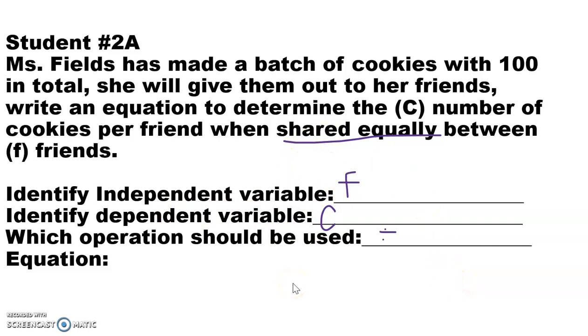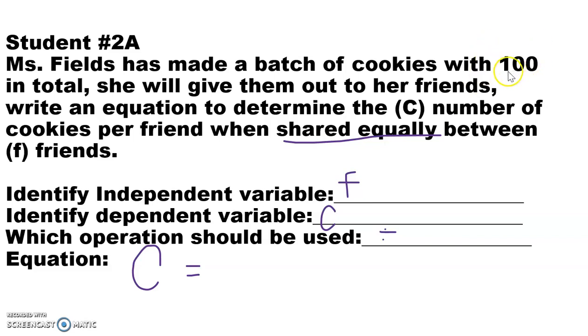When I go to write this equation, again, we always want to start with the variable that's the dependent first, C here in this problem. When I write my equation, the dependent variable is by itself, and then I'm going to be doing whatever operation the problem has with the independent. For this one, because we're dividing, we're going to make sure we're careful to put the two values in the correct order.